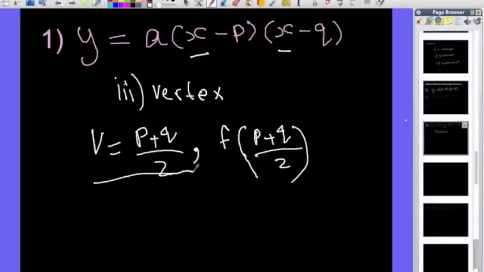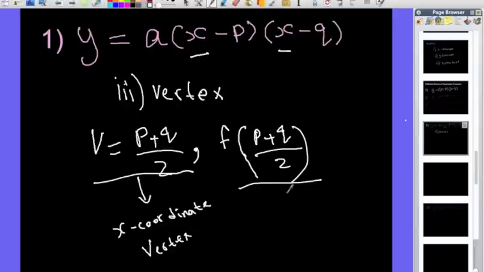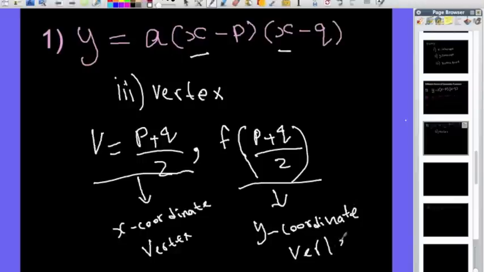So this is used to find the x coordinate of the vertex point, and this is used to find the y coordinate of the vertex point.